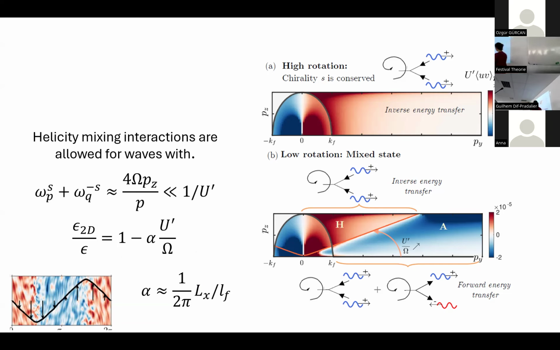And this has to do with how much energy the sector that mixes the helicity extracts from the condensate, versus how much energy the sector that conserves the helicity, same sign helicity, gives to the condensate. And that is controlled exactly by the shear rate. So the shear rate self-tunes to have an energy balance. So the line goes like the frequency size.